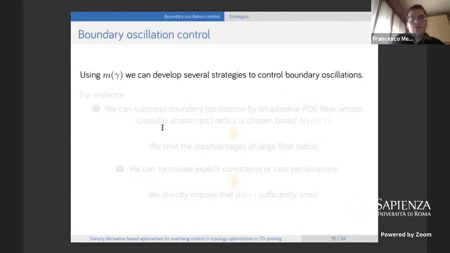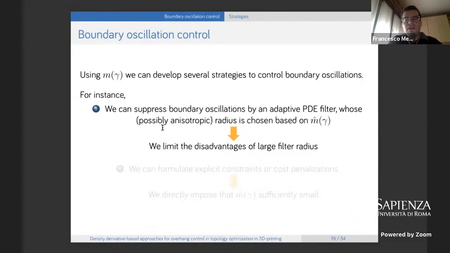At this point, we can exploit our measures to develop various strategies to control boundary oscillations. For instance, we can use an adaptive PD filter. This idea follows what was done in the original PUP paper, where a smoothing and elliptic regularization was used to suppress oscillating boundaries.